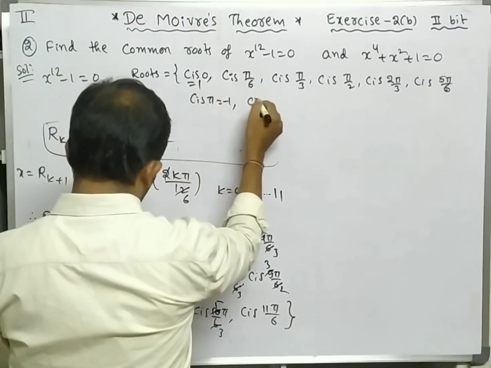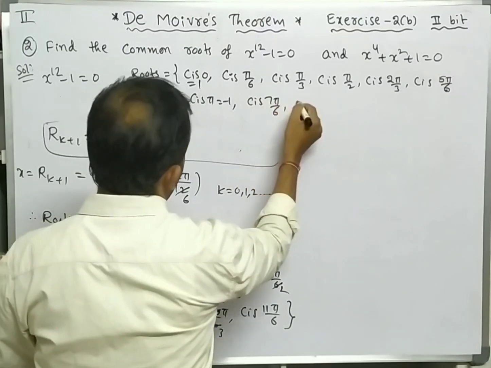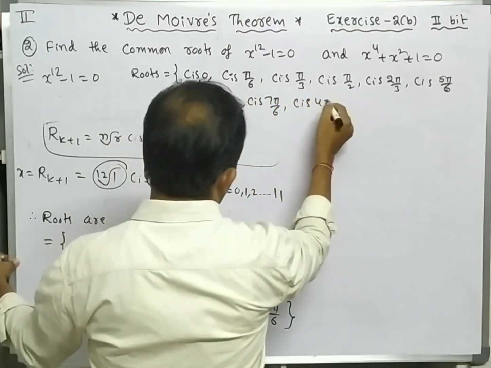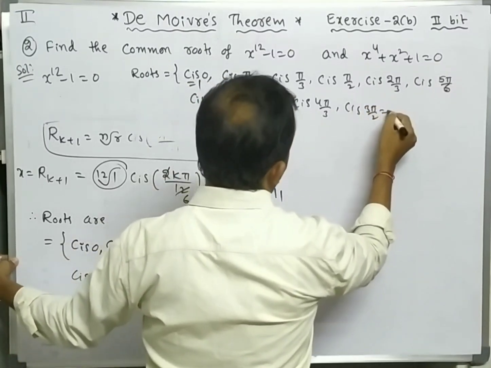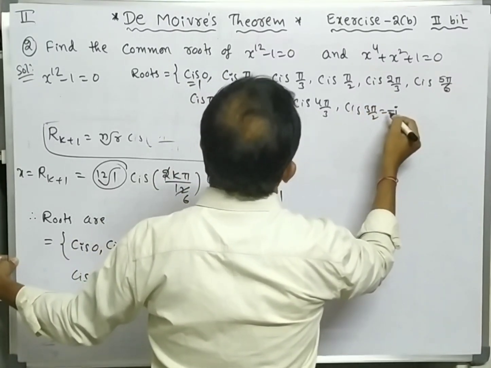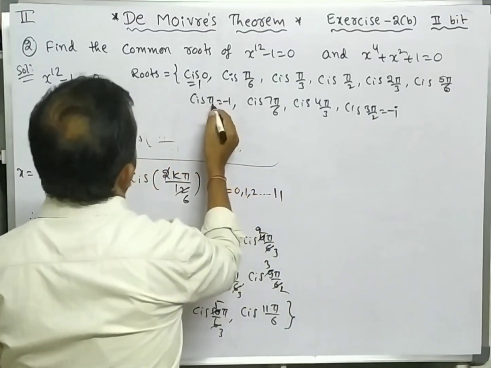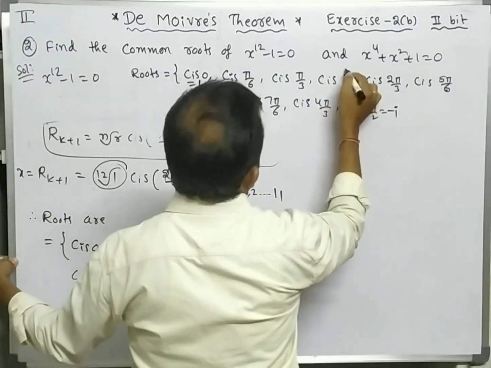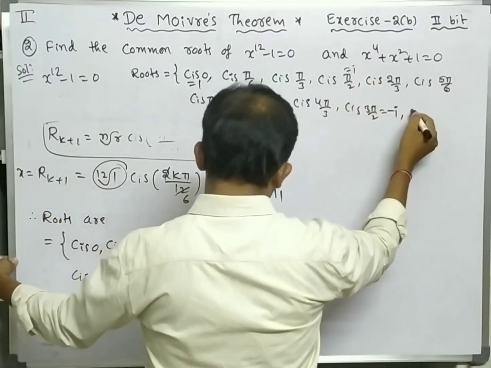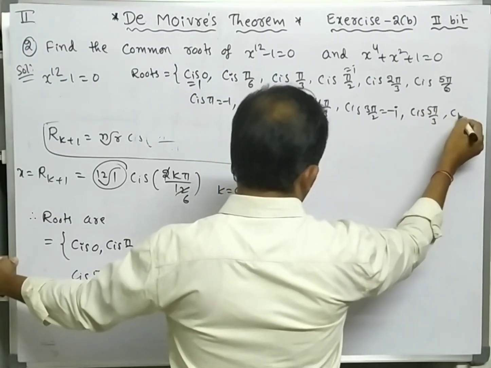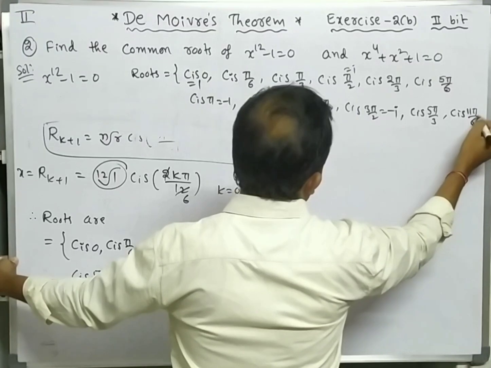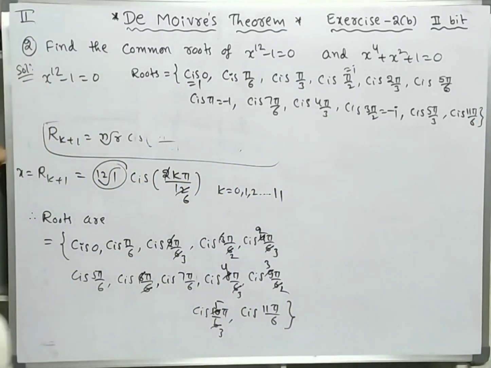Then cis 7π/6, cis 4π/3, cis 3π/2, which is minus i, since cos π is minus 1. Here this is i, and cis 5π/3, cis 11π/6. So these are the 12 roots.